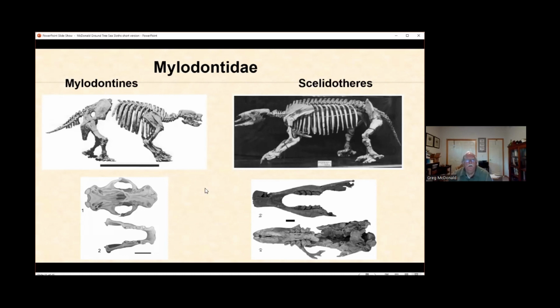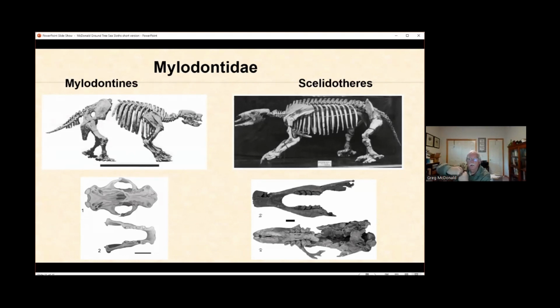And if we look at the Mylodontines on this side here, and we look at the skull, we notice there tends to be a flaring here. And their teeth, rather than locking together and with cutting edges like I showed you in the armadillos, and which is present to a lesser degree in the Megalonychids, the teeth are flatter.